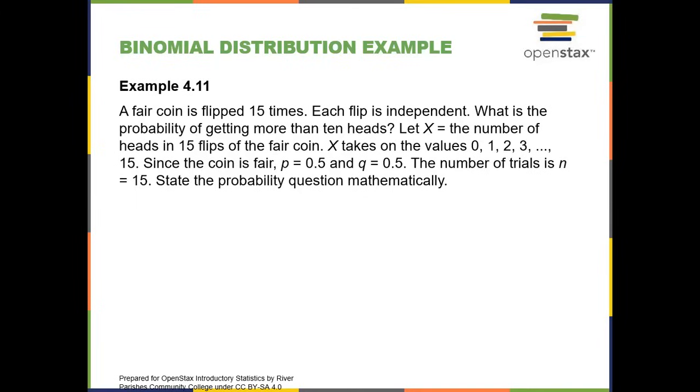You know the sum of the probabilities of all possibilities of X from 0 to 15 is 1. From that, you want to find the probability of X greater than 10, that is 11, 12, 13, 14, and 15. You have to think of it as the probability of the complement event. The complement event is X less than or equal to 10.